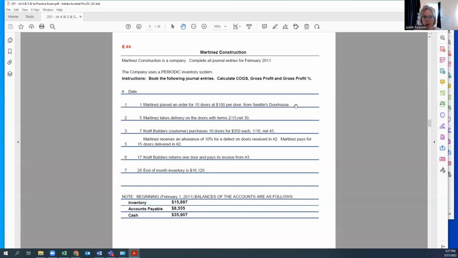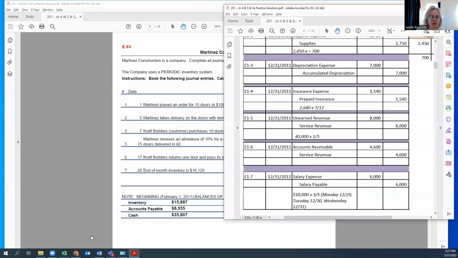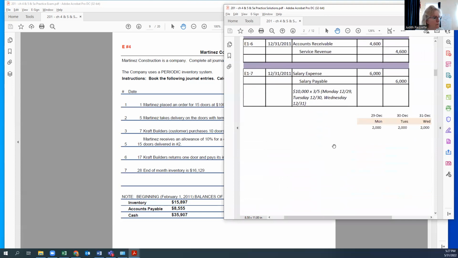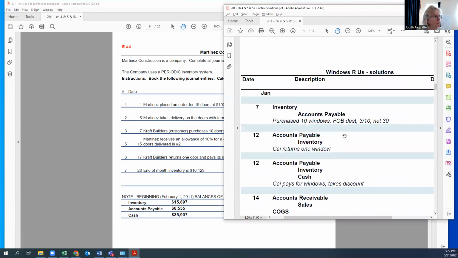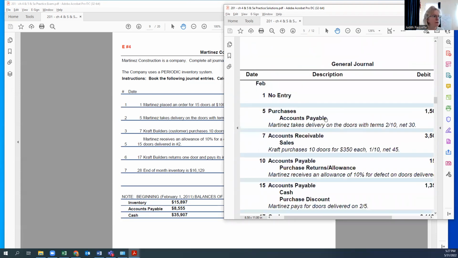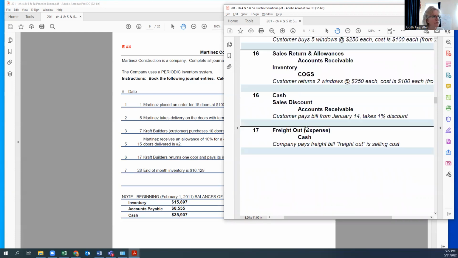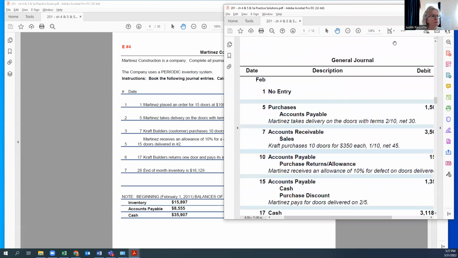They just received the order. So if we look at the solution, I'm pretty sure it should say no entry. Let's make sure of that. Exercise 4. Exercise. No entry. Yeah. Okay, this is because there was no exchange.